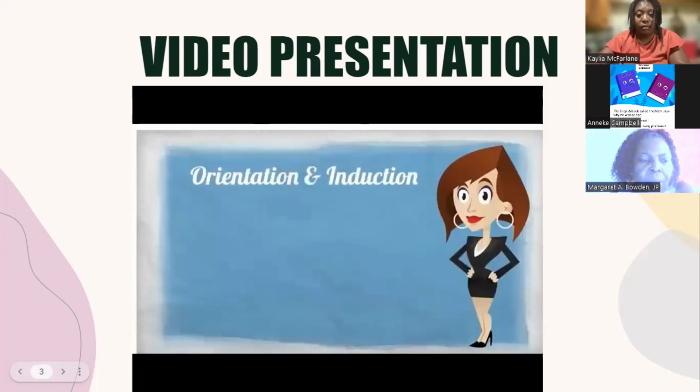Once a new employee has been selected, there is an immediate responsibility to orient and induct the recruit into the organisation and the job. The first few days following the commencement of a new employee are extremely important, both for the recruit and the organisation.